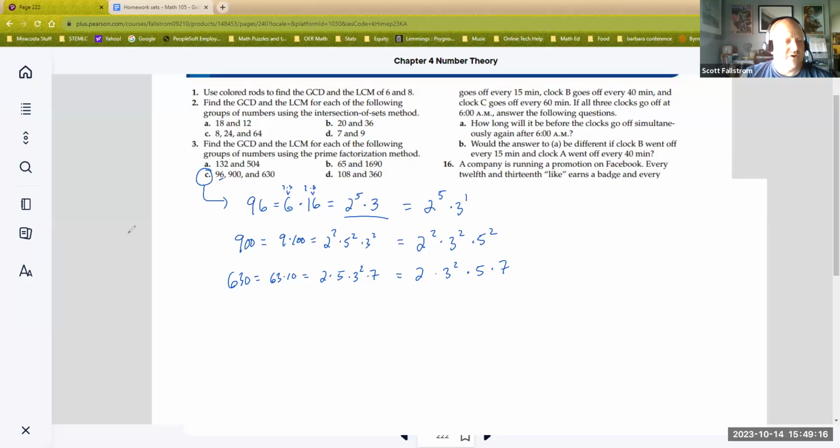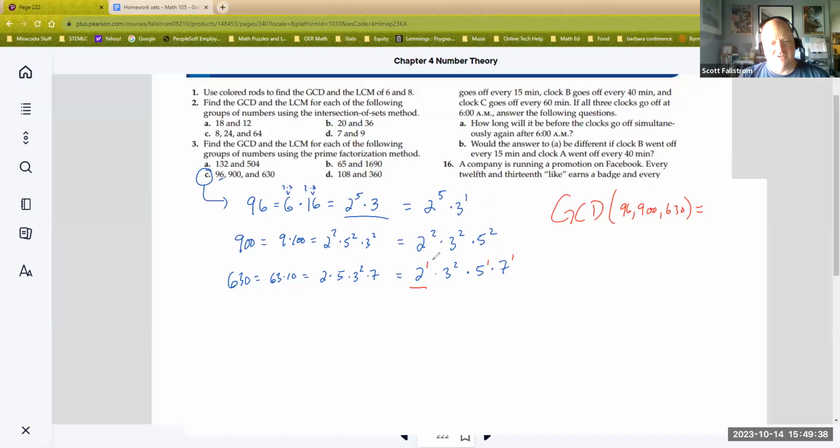Okay. And now I'll use a different color to say for the GCD, what am I looking for? The GCD of 96, 900, and 630 is the smallest exponent that goes into each one. So it has to exist.